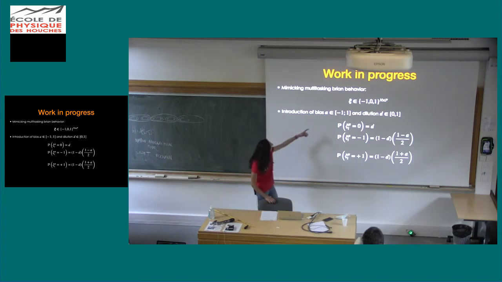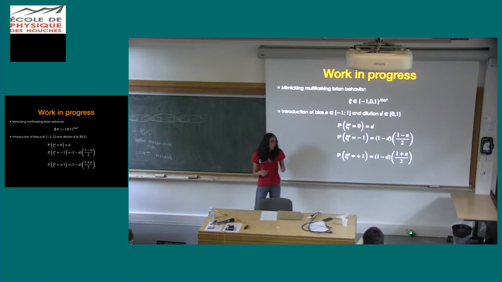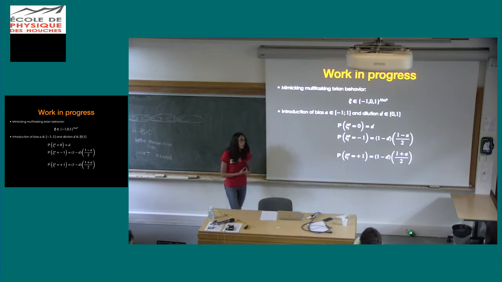And this has a biological meaning, because there are some studies that tell us that in our cerebral cortex, the activity is really low. So at the end we have more -1 than +1. So the hypothesis that the variable can take +1 and -1 with equal probability is not so realistic.